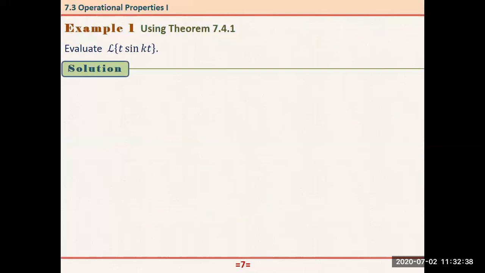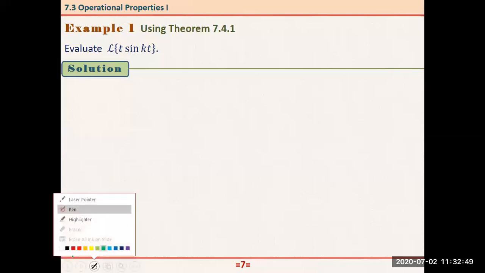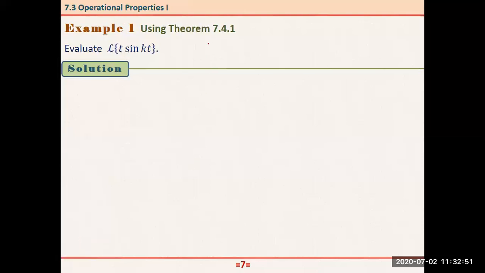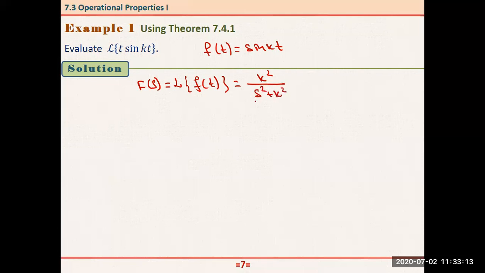Now immediately let's apply this to this question. Evaluate the Laplace transform of this. So in this question, as you see, our f function is sine of kt, right? And what is F of s then? F of s equals the Laplace transform of f of t, that is equal to k squared over s squared plus k squared, right?